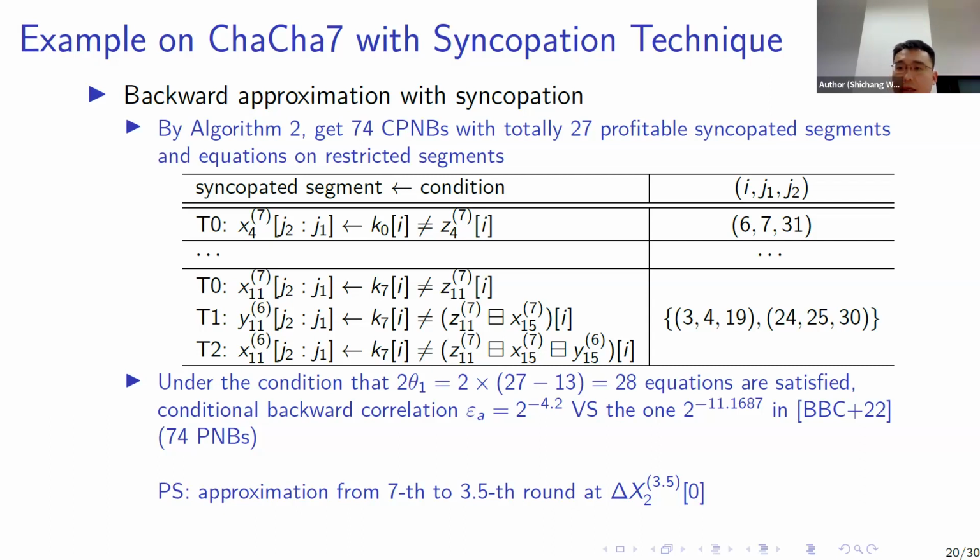We remove the 13 essential equations from them, and the conditions of the remaining equations are satisfied. The conditional backward correlation is estimated by the experiments as 2 to the power minus 4.2, which is amplified over 100 times compared with the previous one.